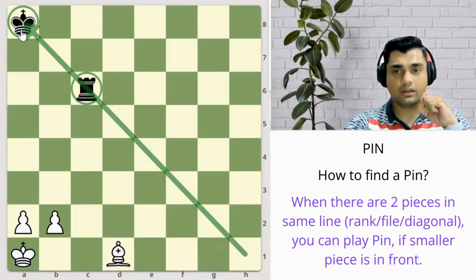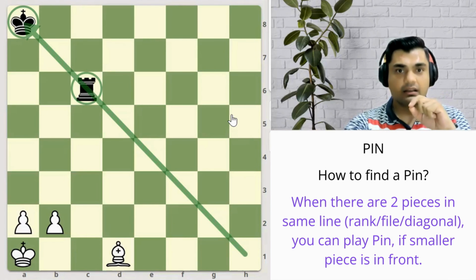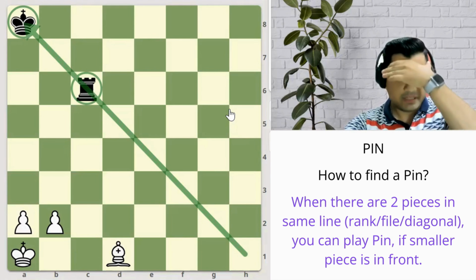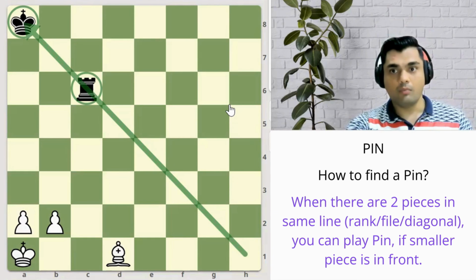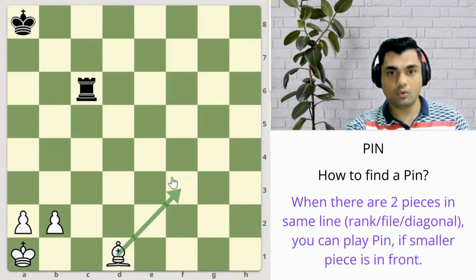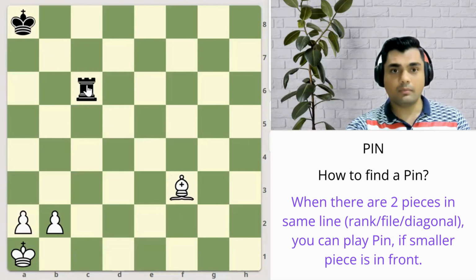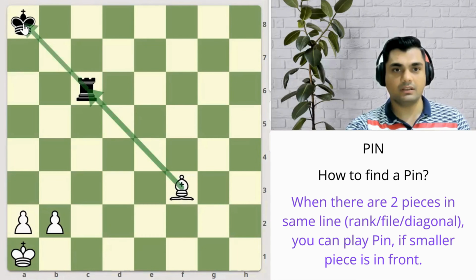The line is diagonal, which means there is a possibility that we can find a pin here. So here moving the bishop to f3 would pin the rook. Now this rook is absolutely pinned because in this pin the king is involved.